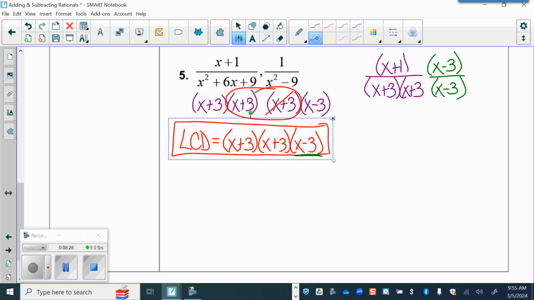Thank you, Smartboard, for not picking this up. And my equivalent fraction, excuse me, is going to be, don't have space, so I'm writing down here, x plus 1 times x minus 3 over x plus 3, x plus 3, x minus 3.